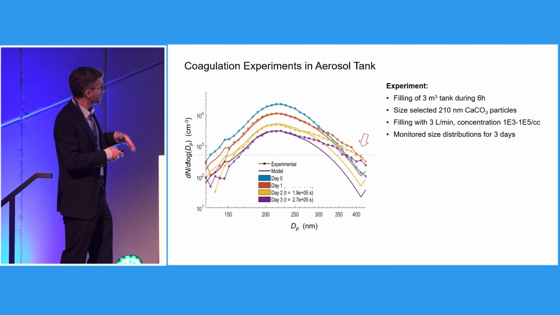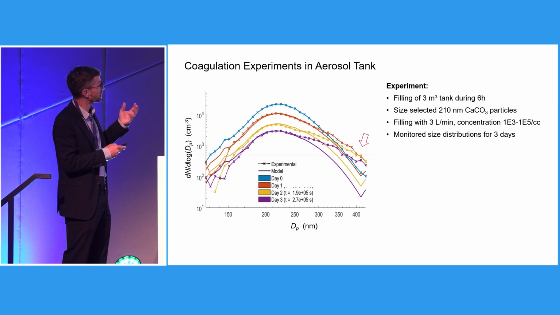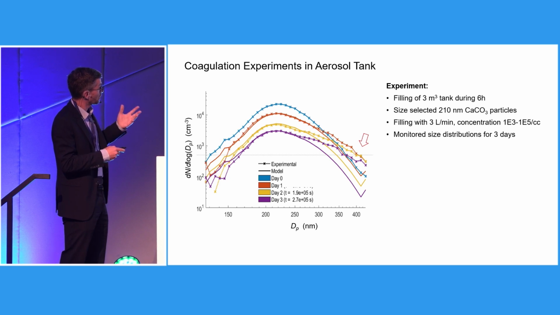And we then went to the lab to look at coagulation of particles. So we used a 3 cubic meter aerosol tank, and filled it during 6 hours with 210 nanometer calcite particles. And we observed how the coagulation evolves over 3 days.